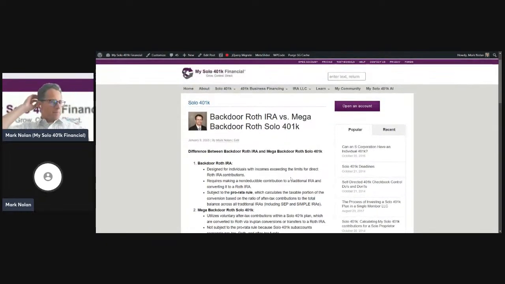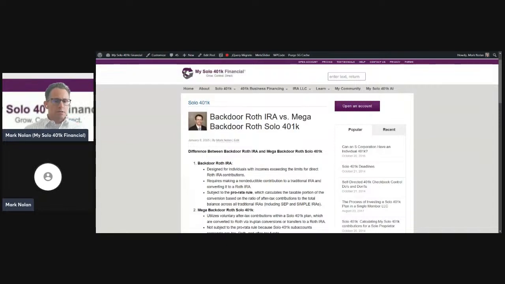So the mega backdoor Roth is oftentimes meant to describe the mega backdoor Roth 401k. In this case here, the mega backdoor Roth solo 401k.